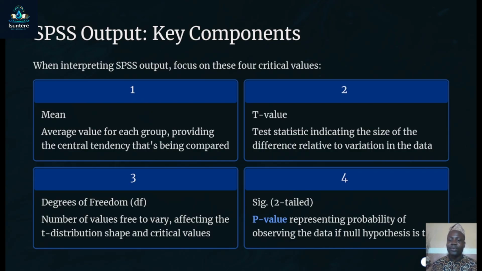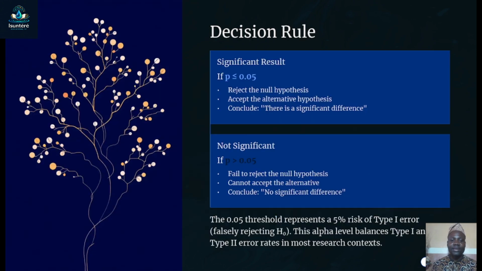Then the t value, the test statistic indicating the size of the difference relative to variation in the data. Then you will talk about the degrees of freedom. Then you talk about the p-value for the significant two-tailed test. These are the three things to look for when we are doing t-test analysis.